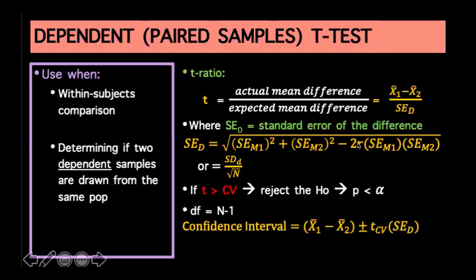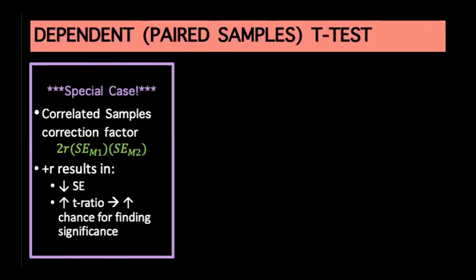I do want to talk about R, though. If you remember, R is a correlation coefficient. This is kind of like our homogeneity of variance concept for paired samples. We don't label it necessarily as homogeneity of variance, but it's comparable.